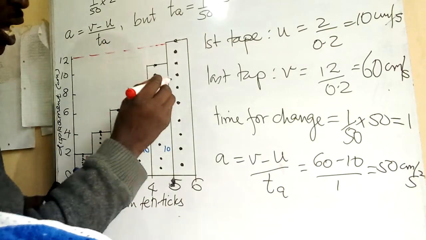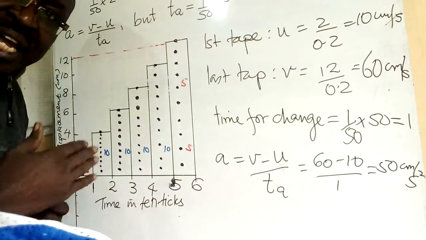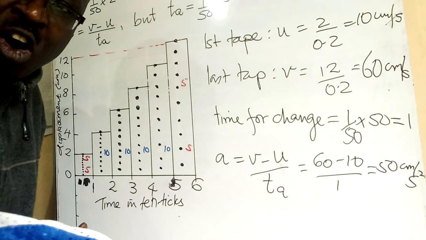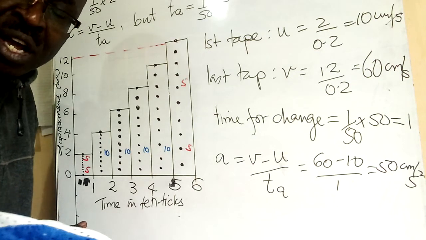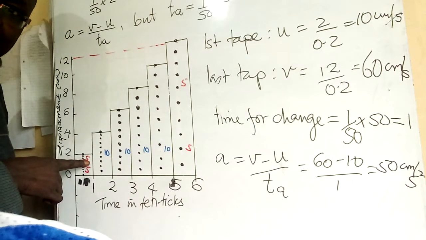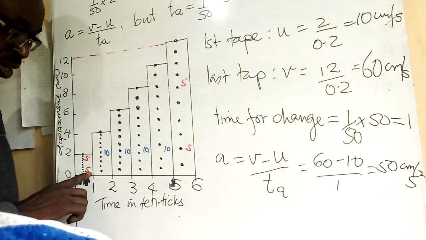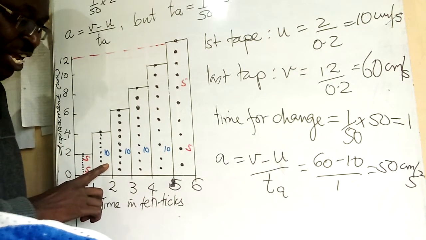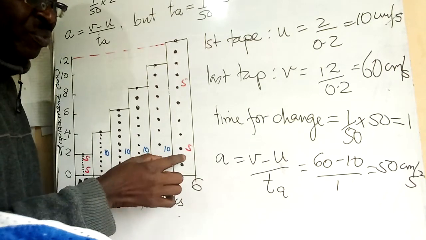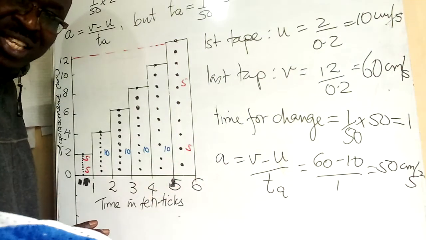And then here I have 5 and 5. So it helps us to calculate the time taken for velocity change. Velocity change starts from the middle, meaning that I leave 10 spaces, I work with 5, add 10, add 10, add 10, add 10, and then you have 5. Then leave the final 5.